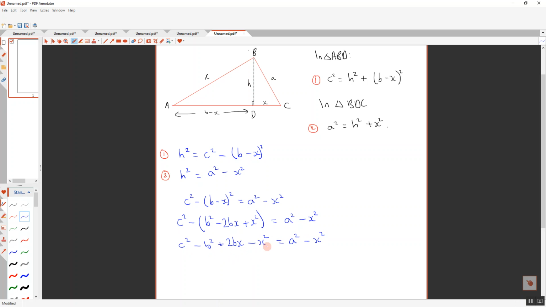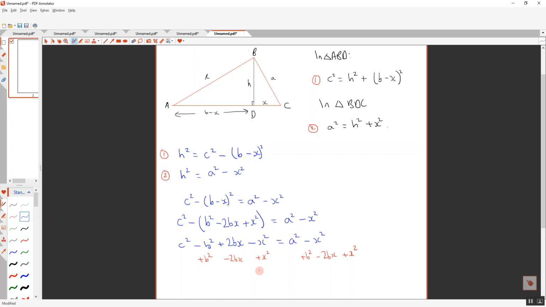Alright, so I'm going to take everything over to the one side. I'm going to leave it with the c squared here. So that means I'm going to add on b squared, subtract 2bx, and add on x squared. I'm going to do the same over here: add on b squared, subtract 2bx, add on x squared.